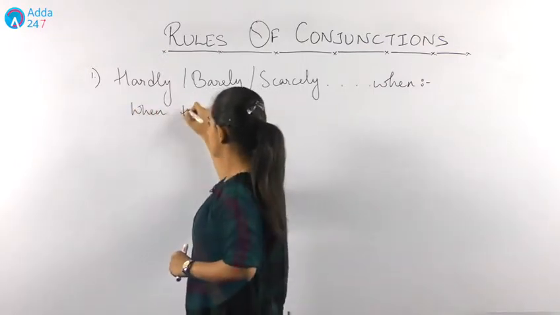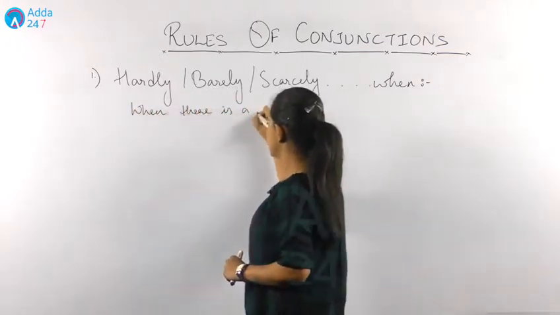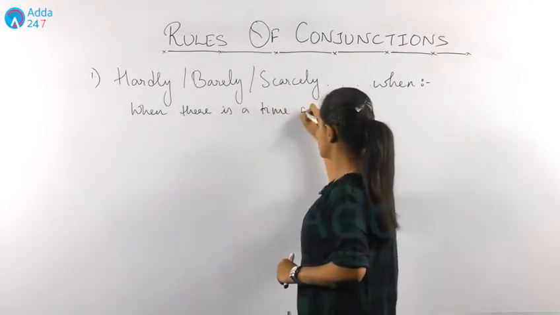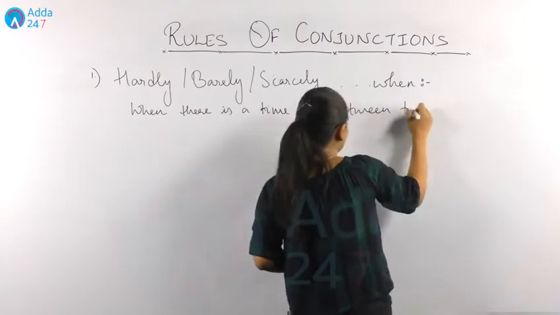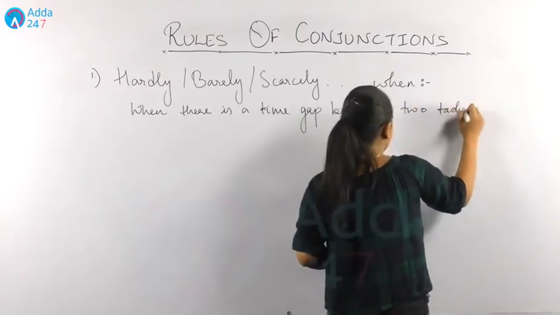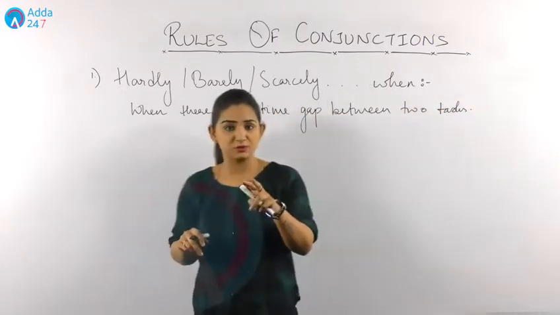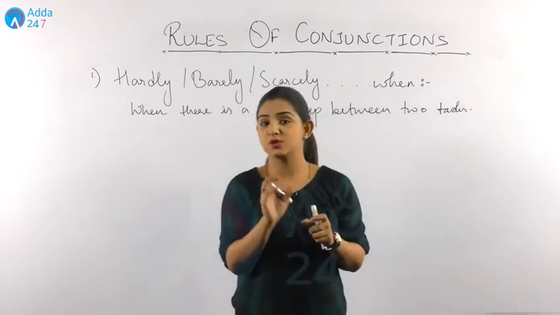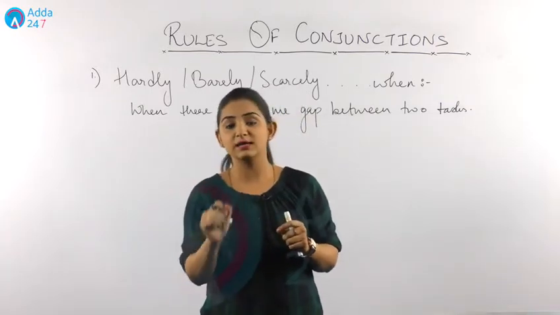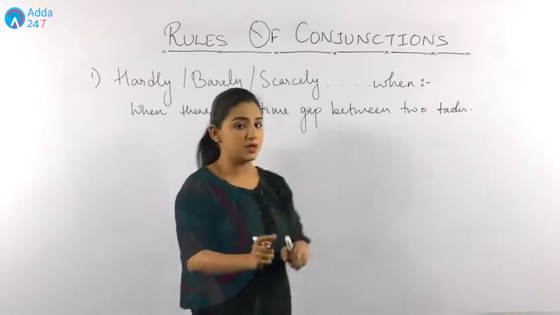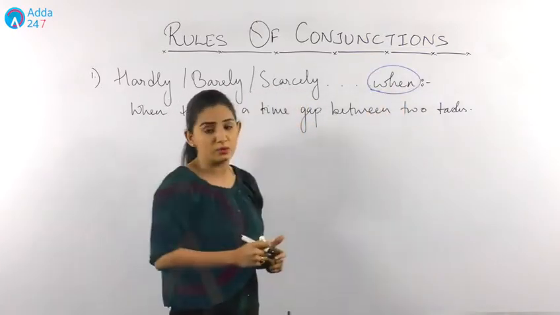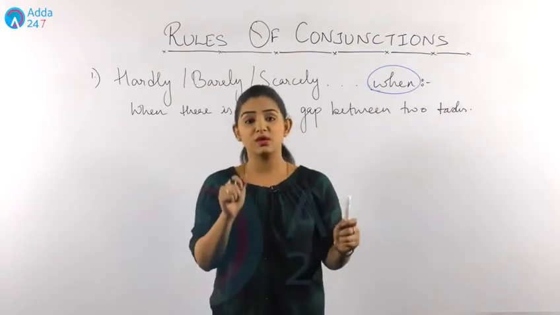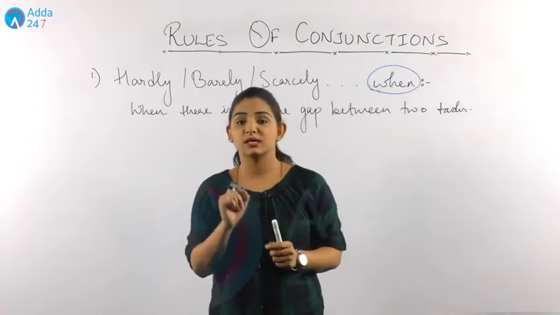When you have two tasks performed and there is a time gap between the two, then you use hardly, barely, scarcely, and it is very much compulsory that you use only and only when with it. There is a condition where you use than with it, which is incorrect.